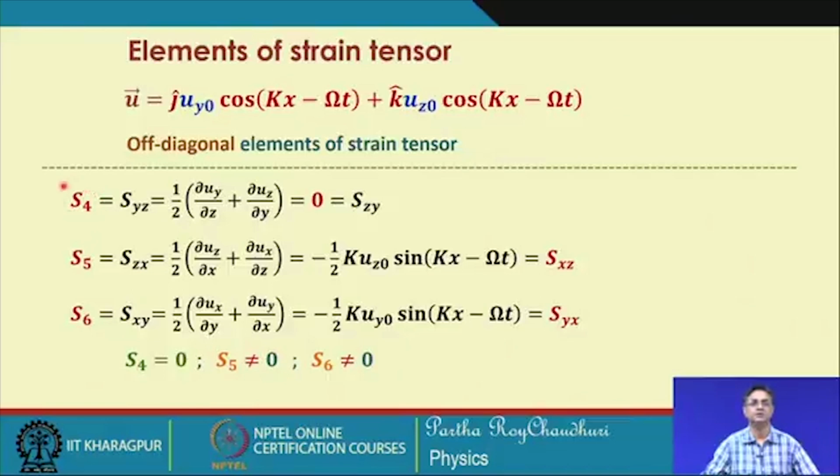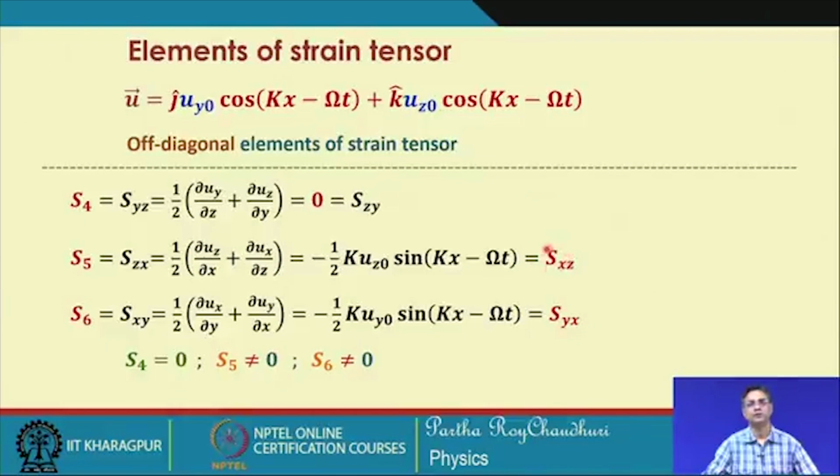Selectively for S 4, you have del u y del z, del u z del y, this quantity is equal to 0, and S z x, del u z del x plus del u x del z, this is non-zero, because we are looking at the changes in the deformation along the x direction. So, therefore, these quantities are now non-zero.